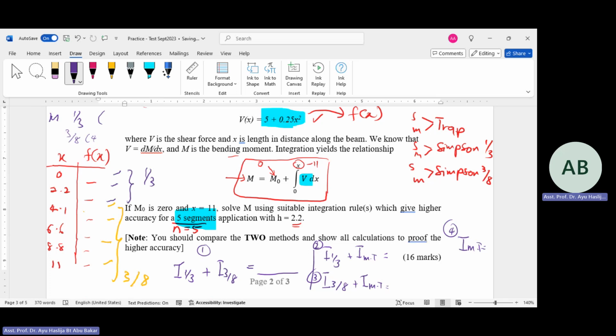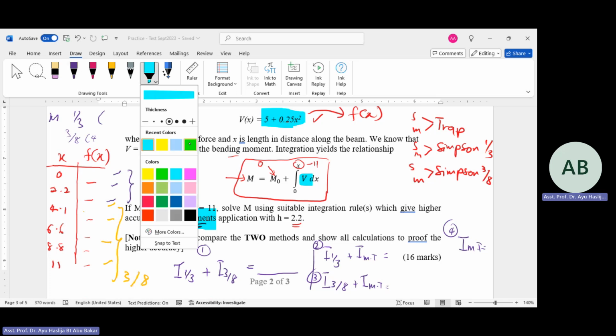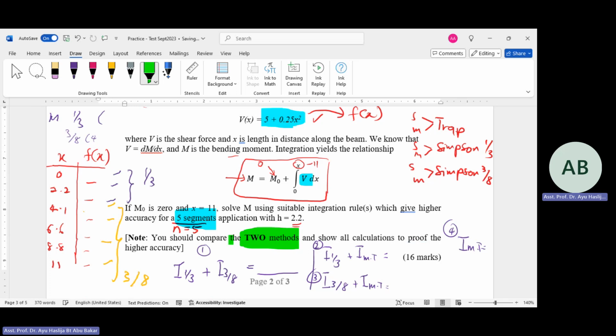The question requires you to compare 2 methods only, so choose any 2 methods, then compare their accuracy level.